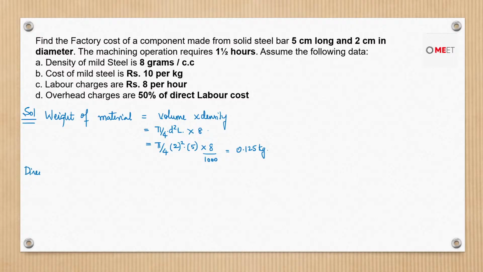Direct material cost will be equal to 0.125 into cost of mild steel, 10 rupees per kg, into 10. That is 1.25 rupees for this much quantity. That's close to 125 grams. Next is direct labor cost.